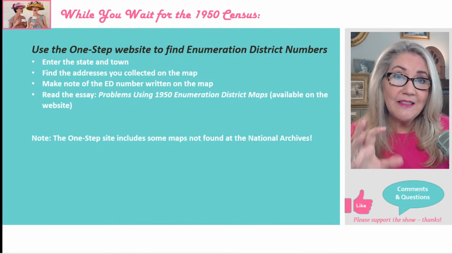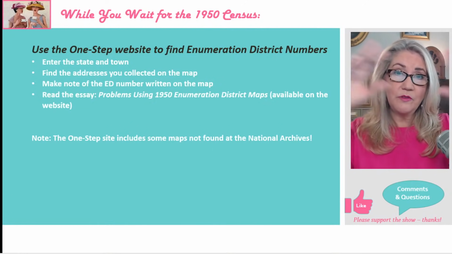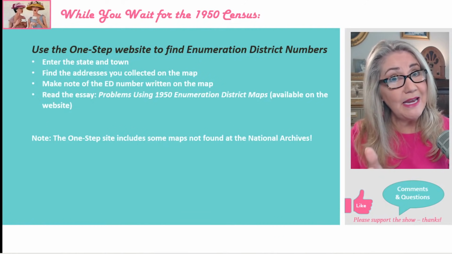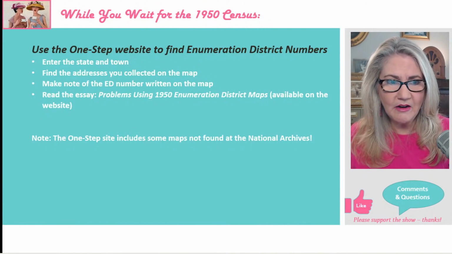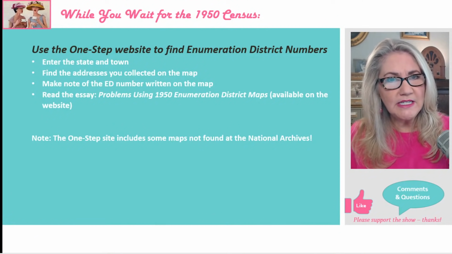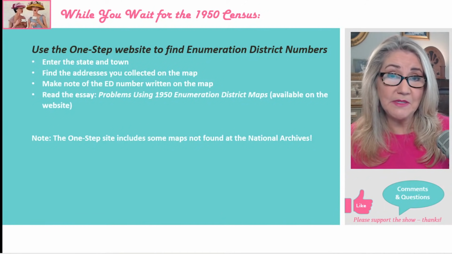And you're going to then get the map, and you're going to find that address on the map. And remember, the orange lines are the district lines, and then there's going to be a big number in there, and that's going to tell you what ED number they are in. And I do encourage you to read that essay that's over at Stephen Morse's website, Problems with the 1950 ED Maps. It's going to help save you from some frustration, okay?